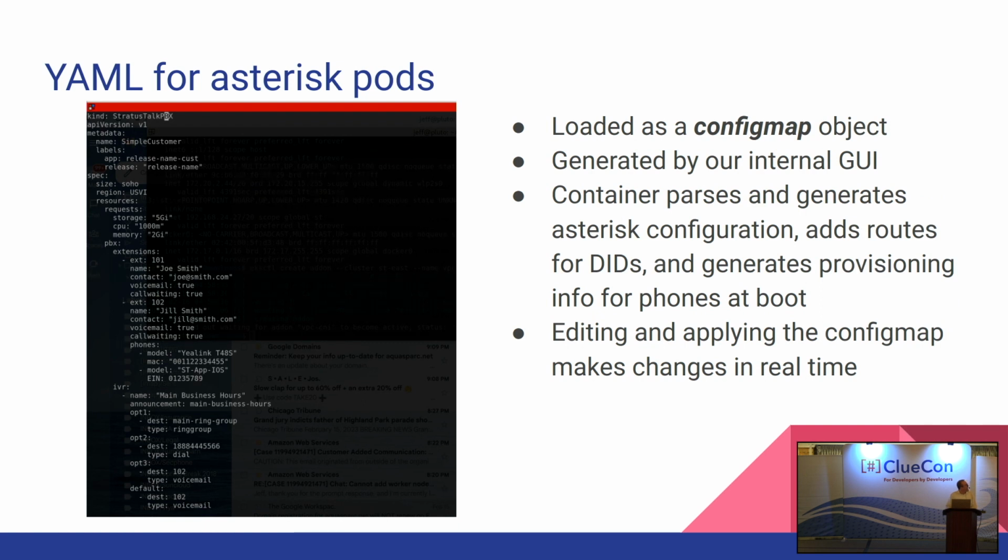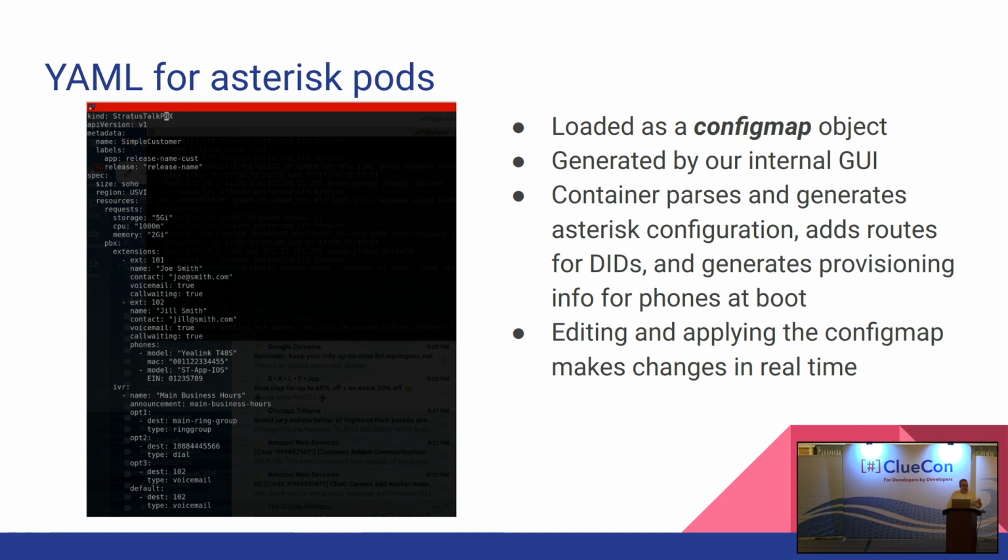So we've taken that and used YAML to describe our customers. This is probably hard to read, but the idea is that we can use YAML to spec a PBX. So the PBX is kind of the top level. The PBX contains extensions, it contains IVRs, it contains ring groups. Each of those can be described in YAML for a customer.